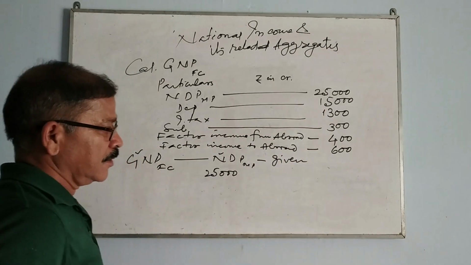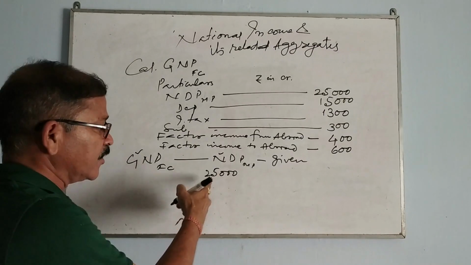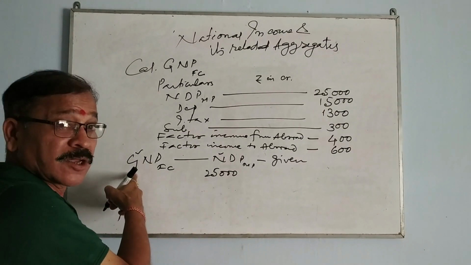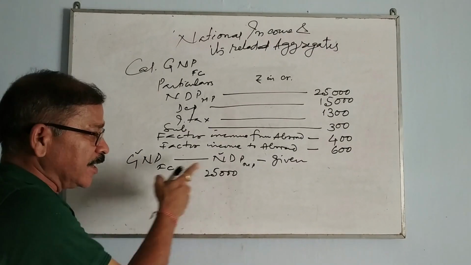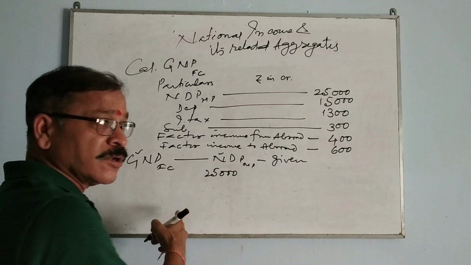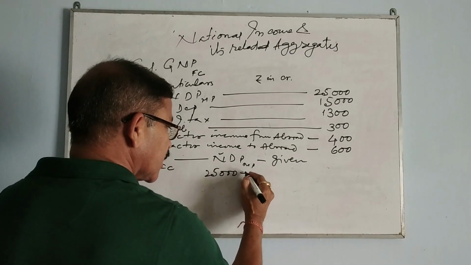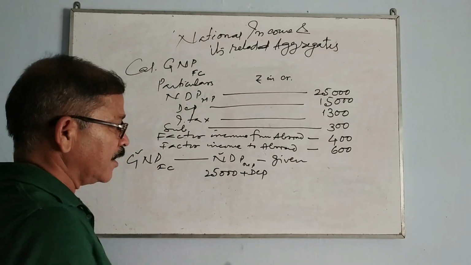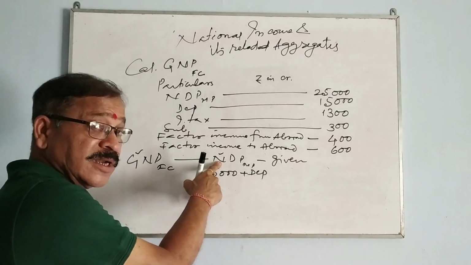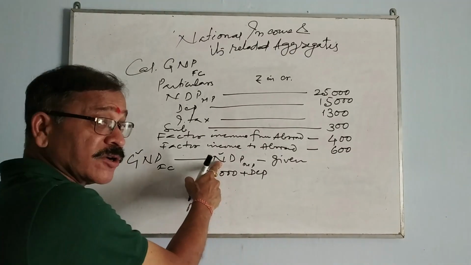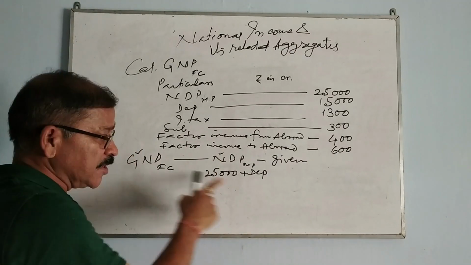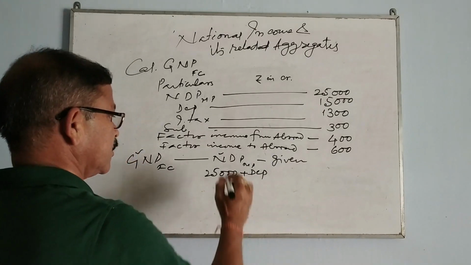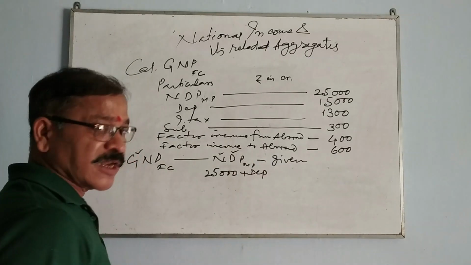What is NDPMP? 25,000. This is net. What you have to get? Gross. Net is given and you have to get gross. That means plus depreciation. Domestic is given.